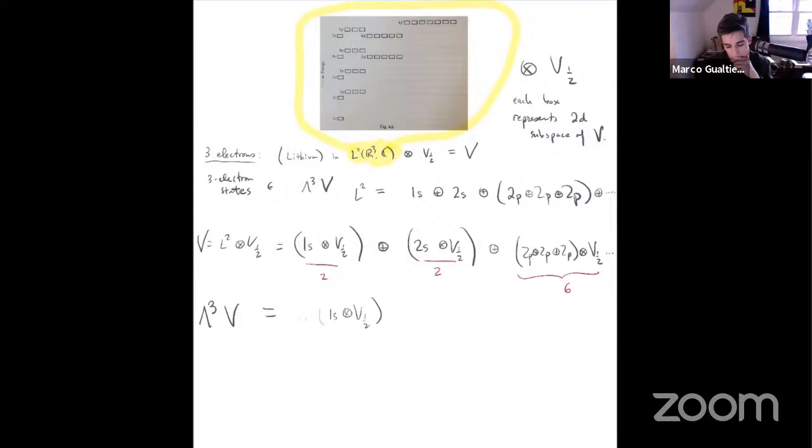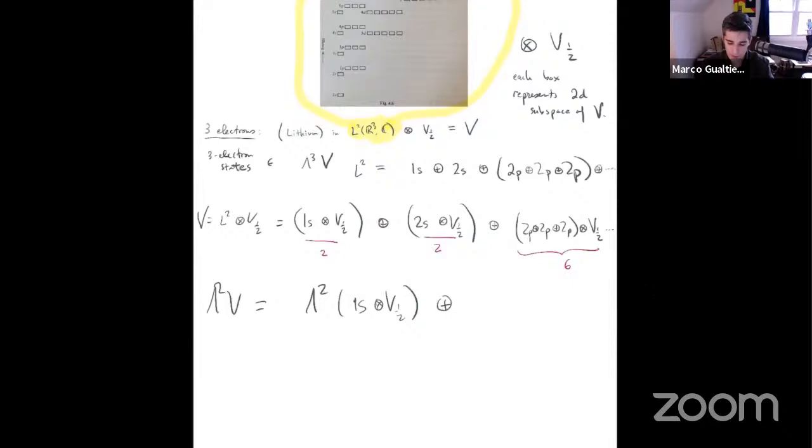Sorry, let me do wedge 2V first. So this will have wedge 2 of 1s tensor V1/2 plus more stuff.